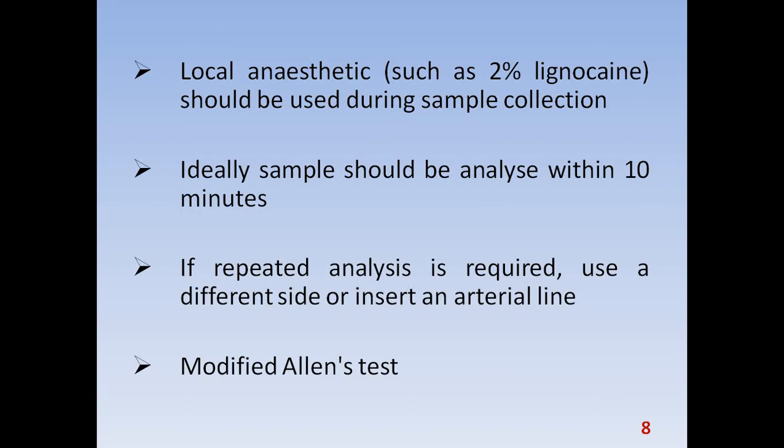If repeated analysis is required, use a different site or insert an arterial line. Okay, we should not collect the sample from the same site. Now, I've already told you about the modified Allen's test, and it should be done before sampling.